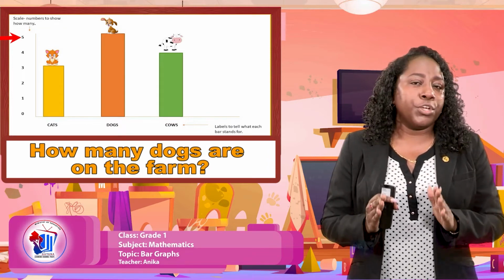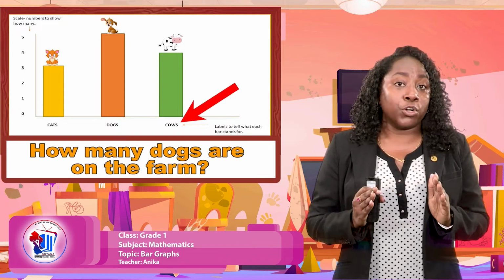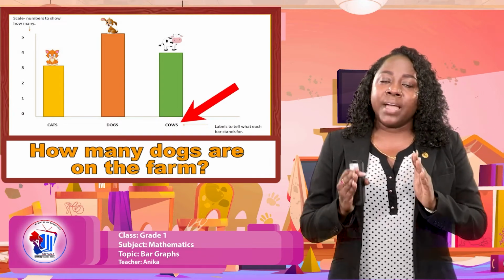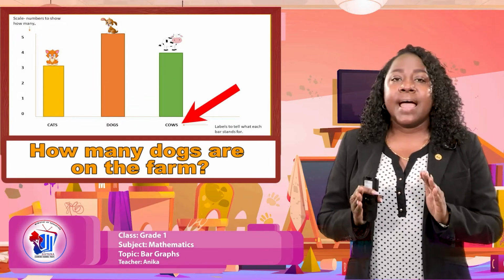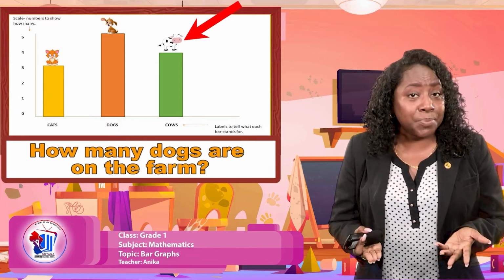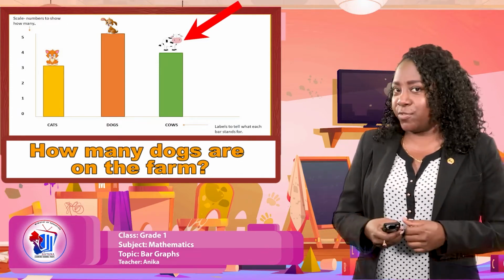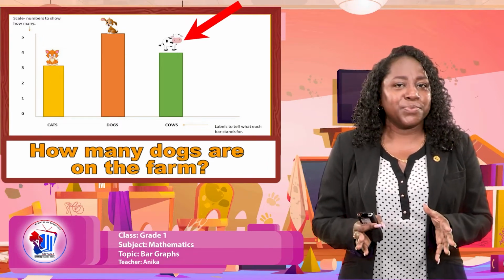And you have to ensure you're looking at the correct bar. So you can also check for the word underneath the bar to let you know if you're looking at the dog bar, the cat bar, or the cow bar. And I also placed the picture there to make it easier for you, since you might be learning this for the first time. Do you have your answer?